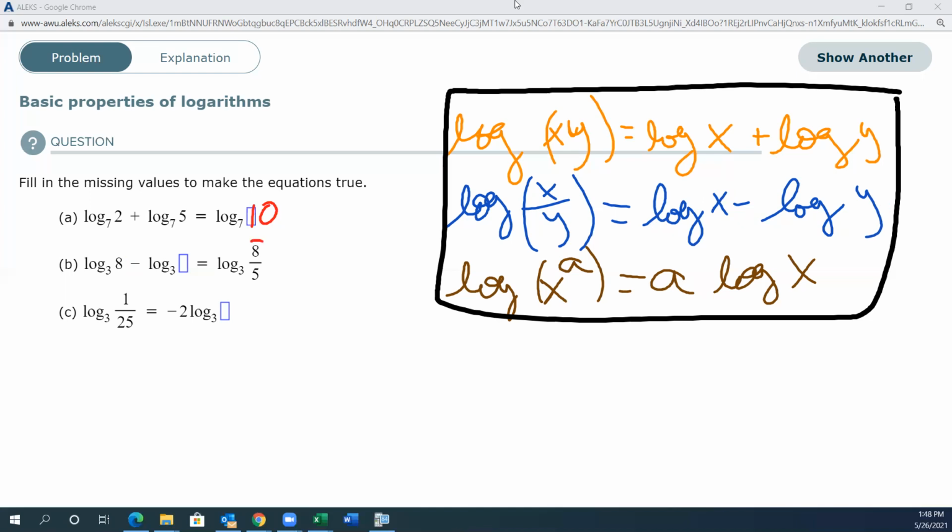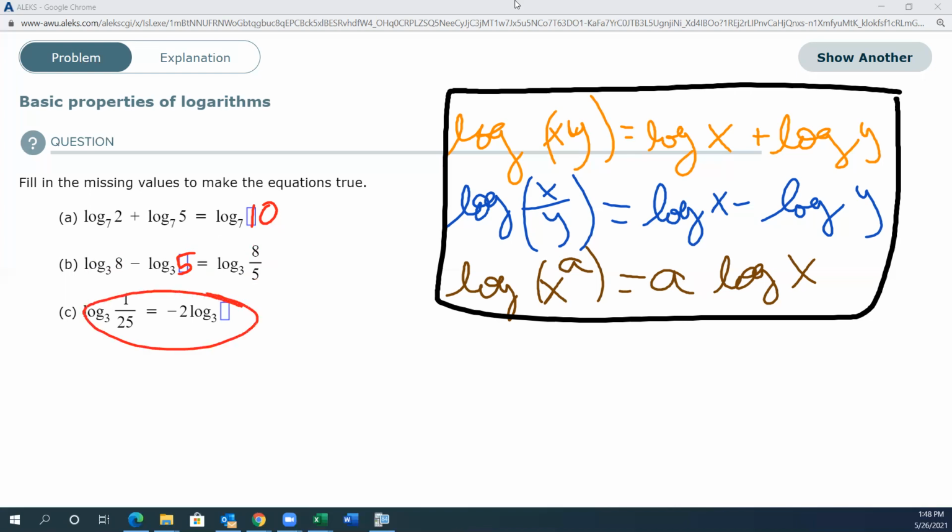So the first argument is 8, and the second argument must be 5. That's the only thing that makes sense. Now, if I combine these two together, I get 8/5. That makes sense. And you can always just plug that in on the main screen of your calculator, and you should get the same answer. You really ought to be doing that every time. Same thing here. Plug that in, you should get the same answer.